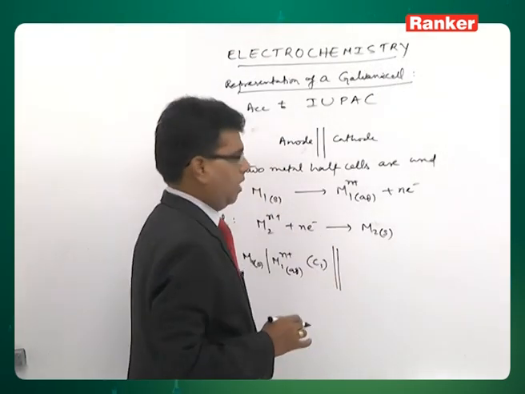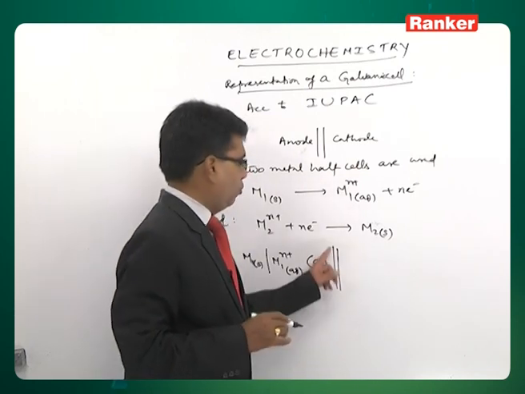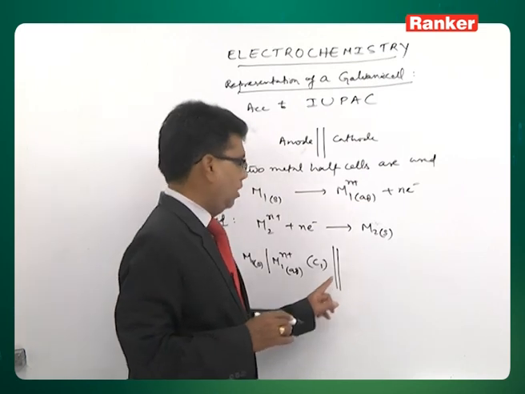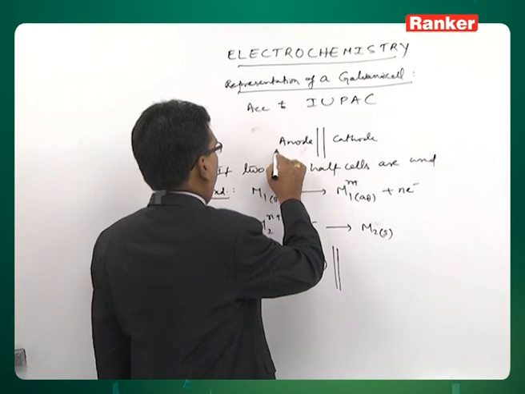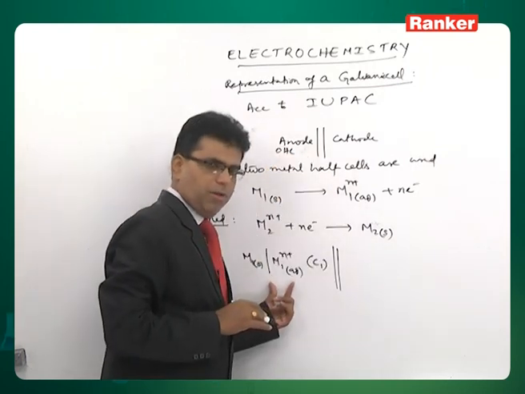Then we draw two parallel vertical lines, which represent the salt bridge. So, this is the anode or oxidation half cell.